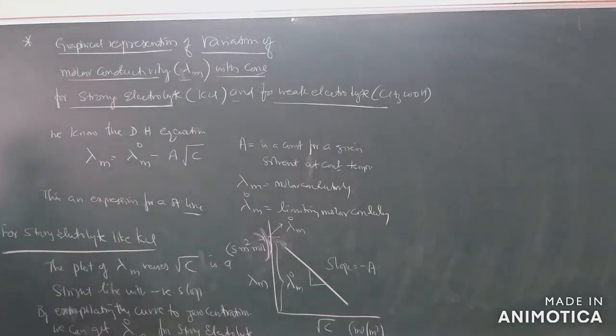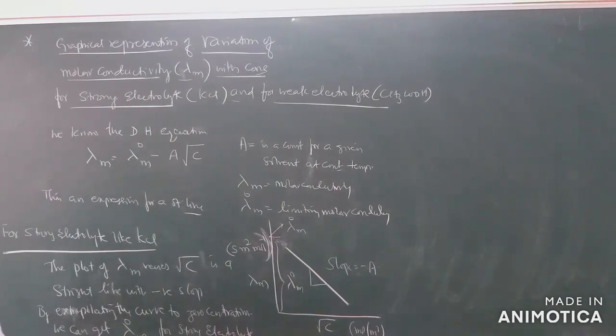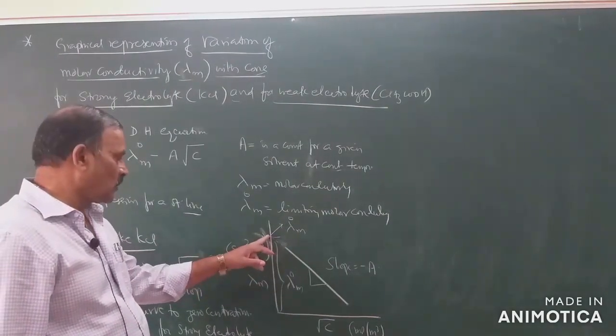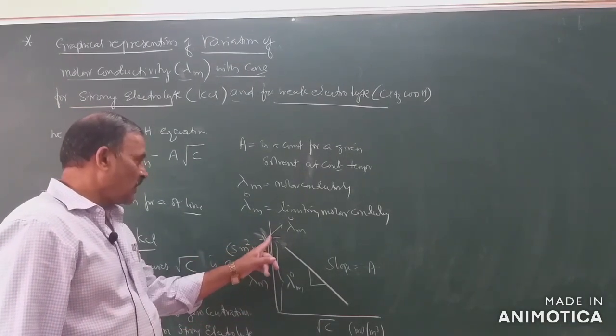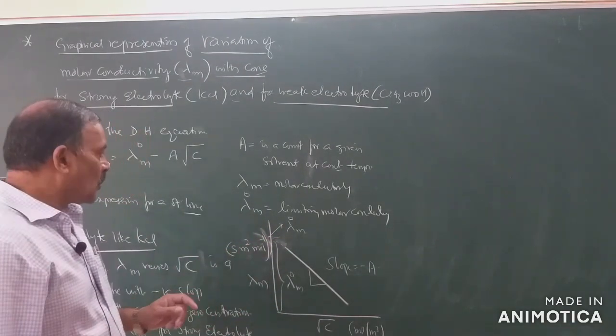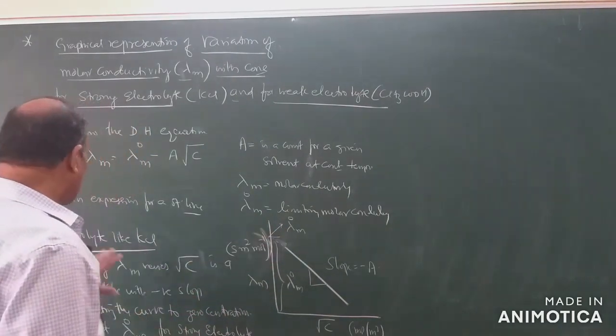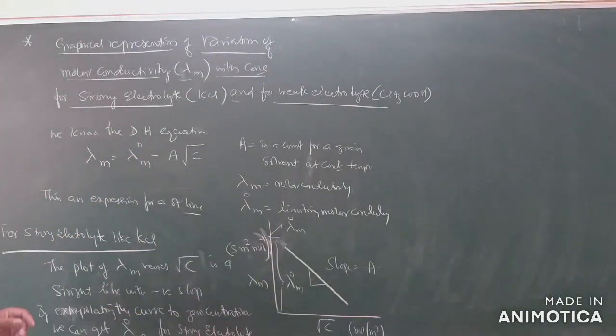So we can determine limiting molar conductivity for strong electrolyte by extrapolating this curve to meet the y-axis at 0 concentration, which indicates molar conductivity at 0 concentration. So you may ask in the examination, write lambda m versus root C curve for KCl.